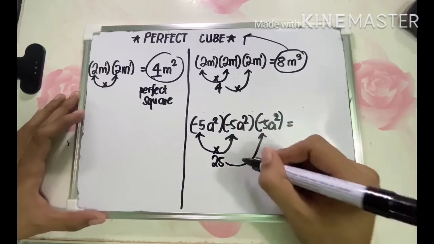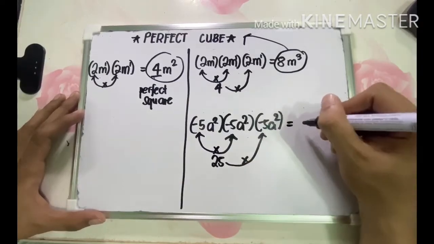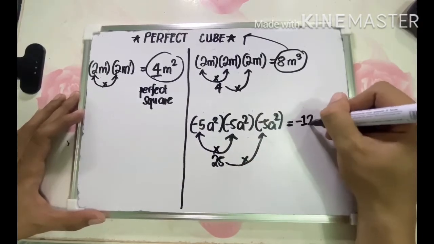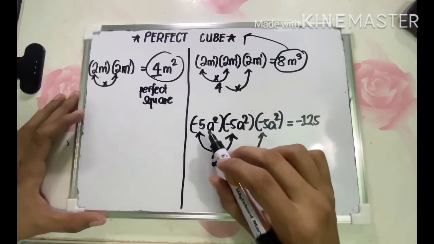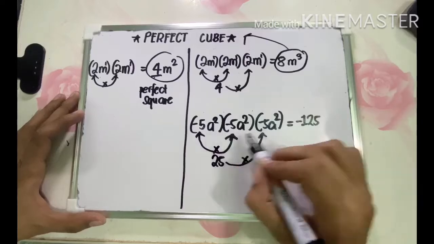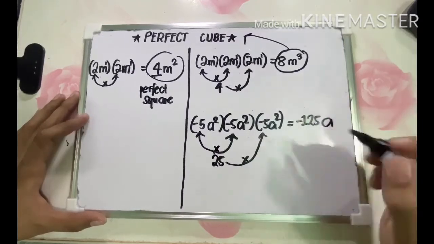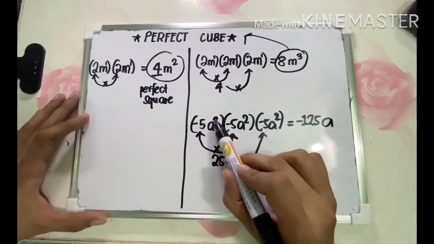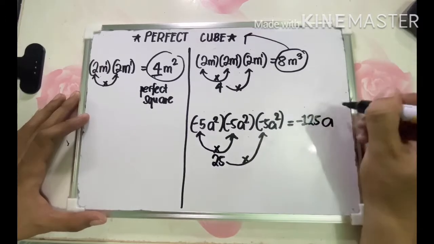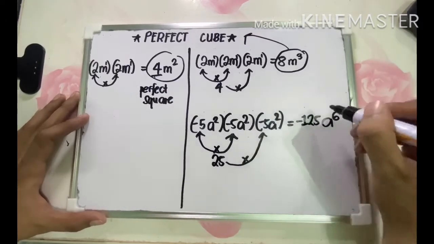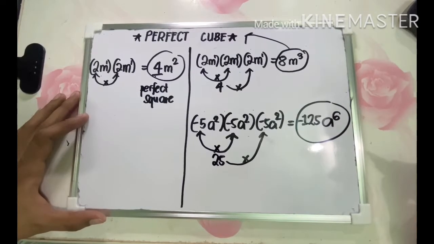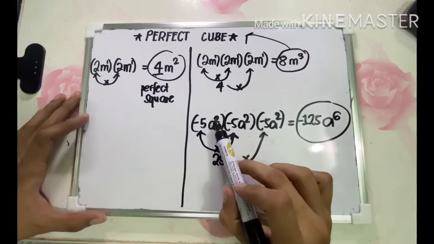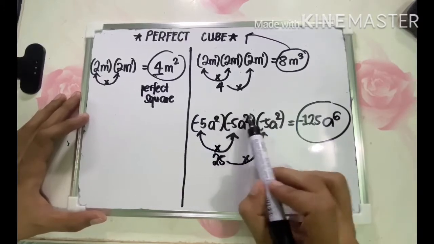And positive 25 times negative 5 is equal to negative 125. And then for the variable, they have the same variable, a, so add the exponent. 2 plus 2 plus 2, that is 6. So the result is negative 125a raised to 6. So again, don't multiply the exponent.